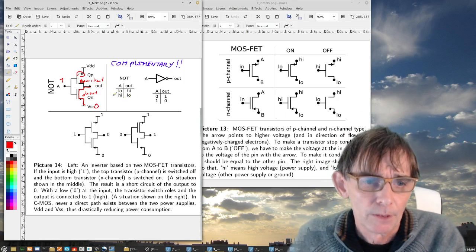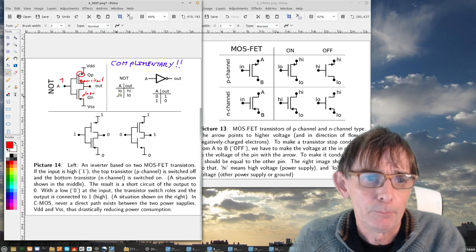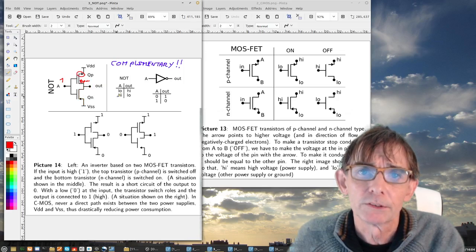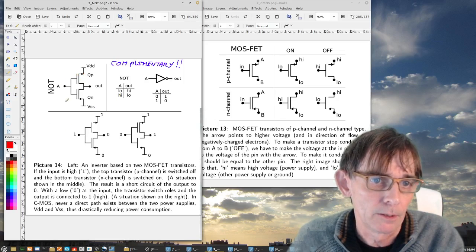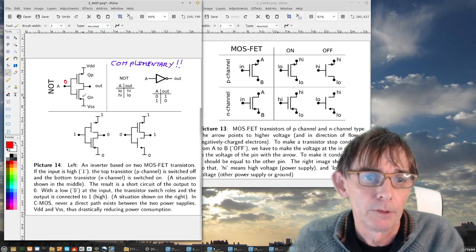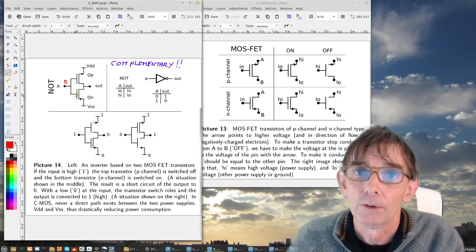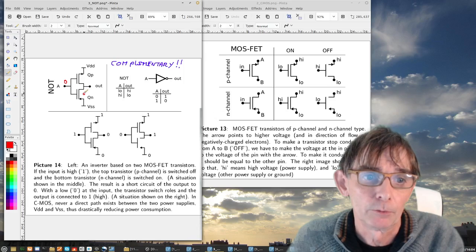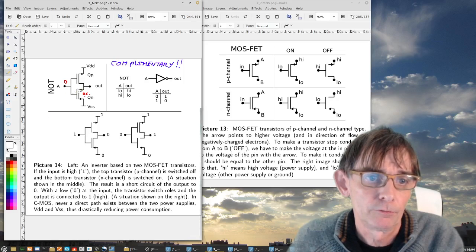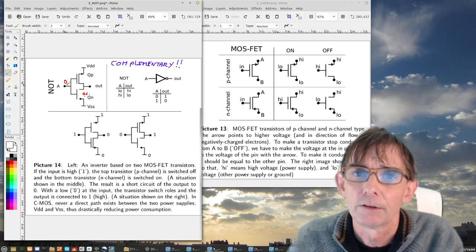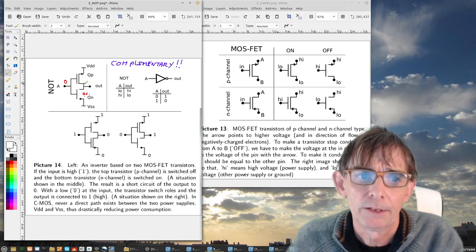That's a logic 0. Now on the other hand, if we put low voltage on the input, if you put a 0 on the input, this one, of course, will be open circuit. If I put it in white, this conduction path is gone. While on the other hand, we have opened this channel here.